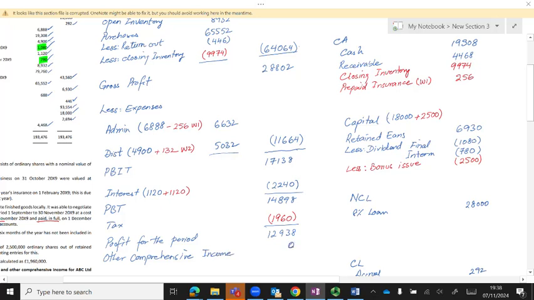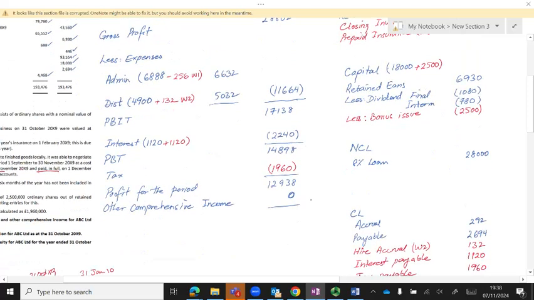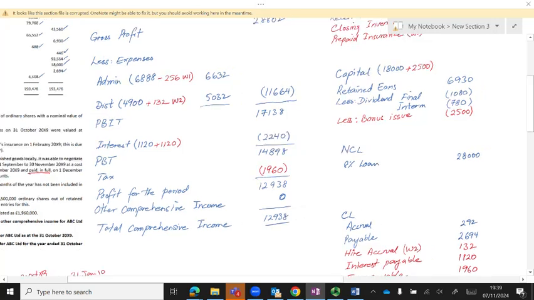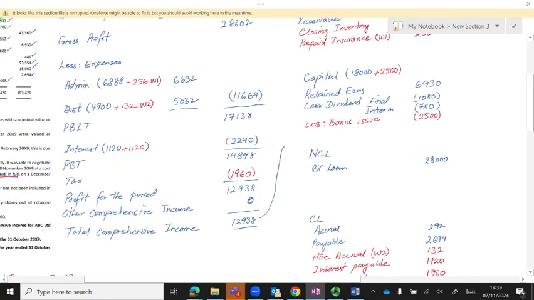Comprehensive income, there was no revaluation or anything. This other comprehensive income is going to become part of the retained earnings. 12938. Profit for the year.